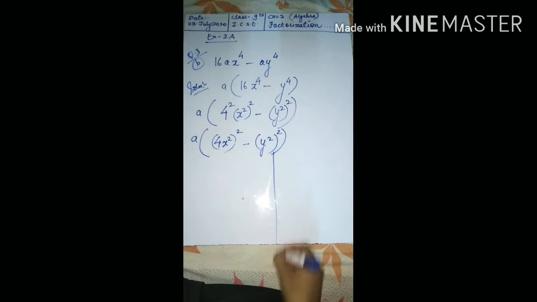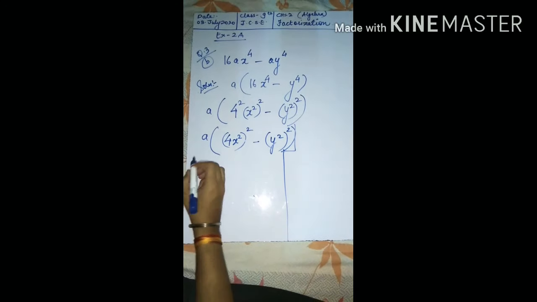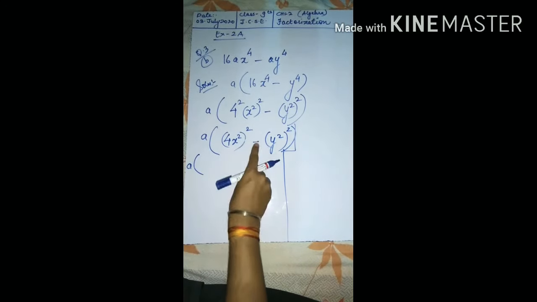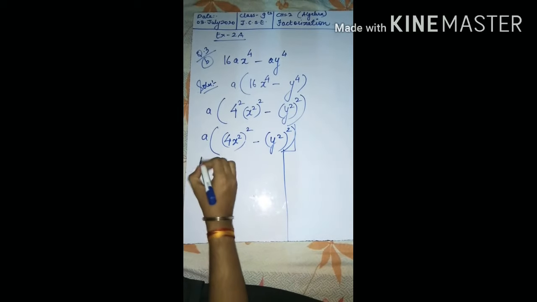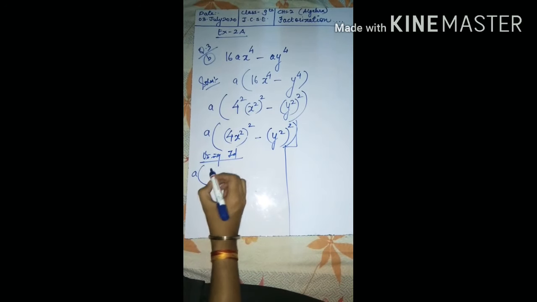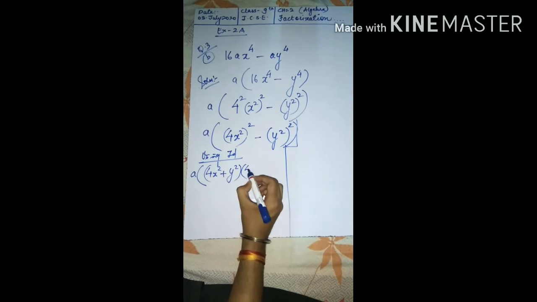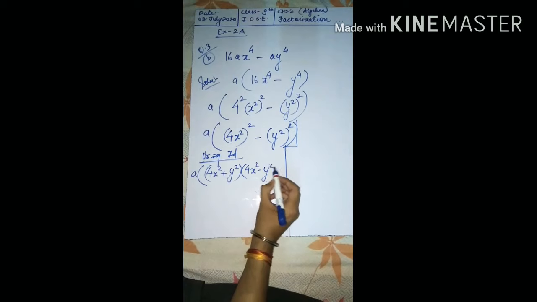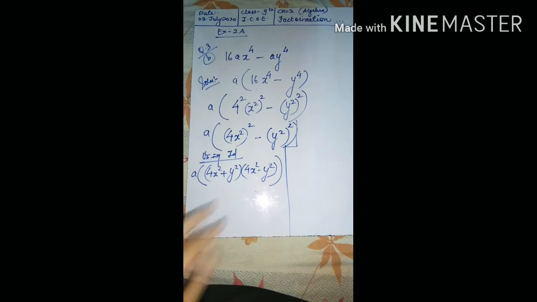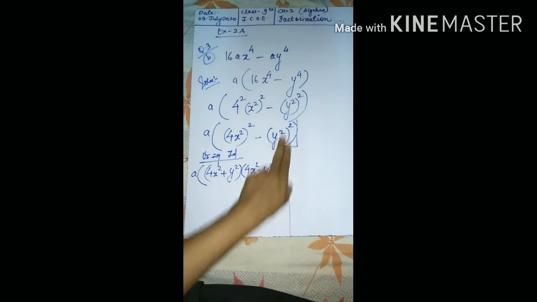Okay, now a square minus b square, using identity, right, using identity. Okay, a plus b, a minus b. Understood? See, this is our a plus b and a minus b.